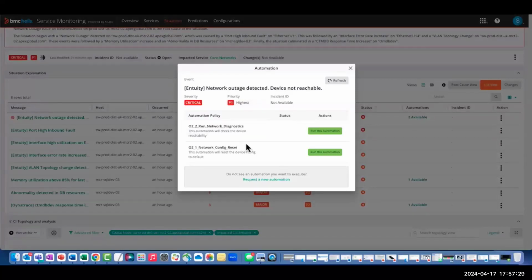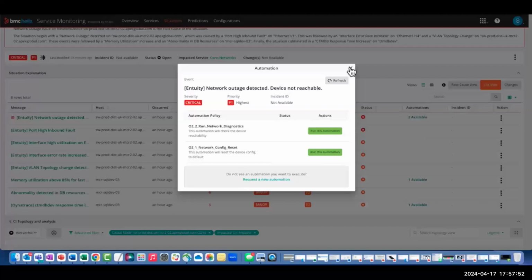And with just a click of the button, I can run any of these two automations. I can also request for a new automation to be created.